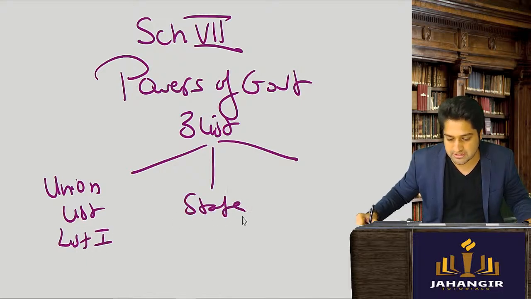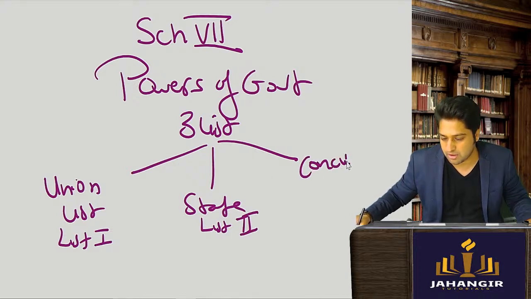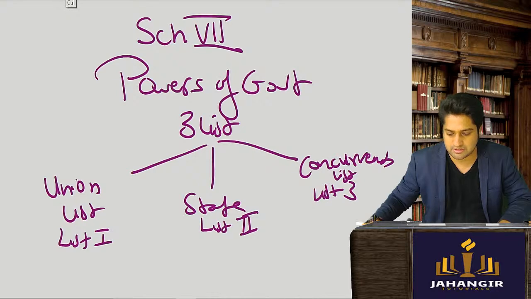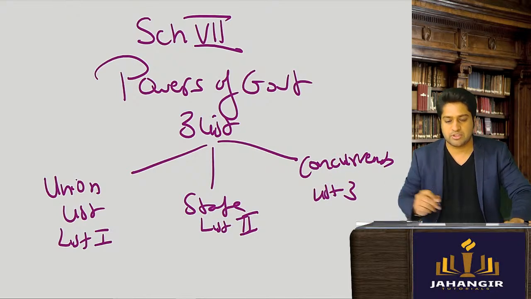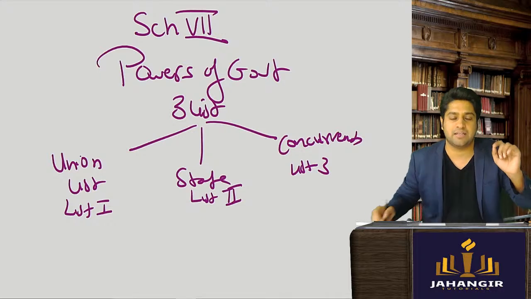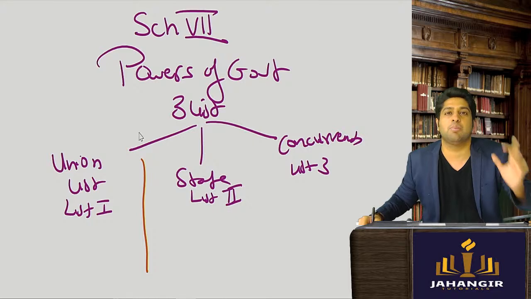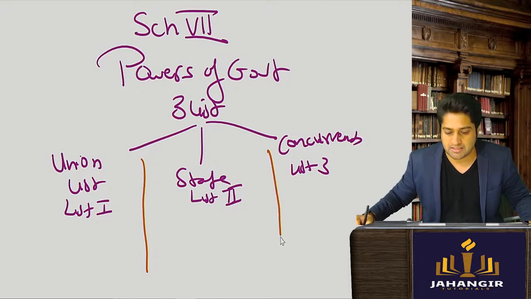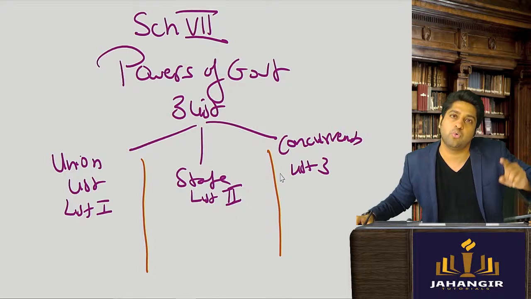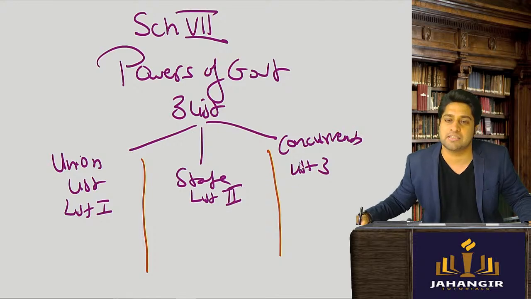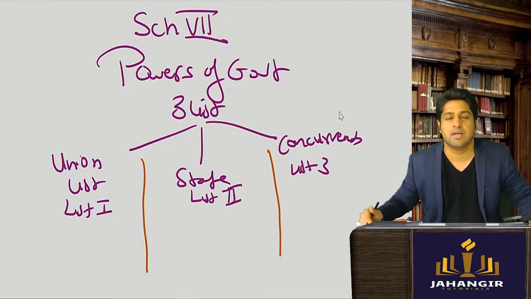Then comes the State list, that is your list 2, and then comes your Concurrent list, which is your list 3. Matters given in list 1, only the central government can make laws. Matters mentioned in list 2, only the state government can make laws, and matters stated in list 3, both the governments can make laws. Now it's very simple.